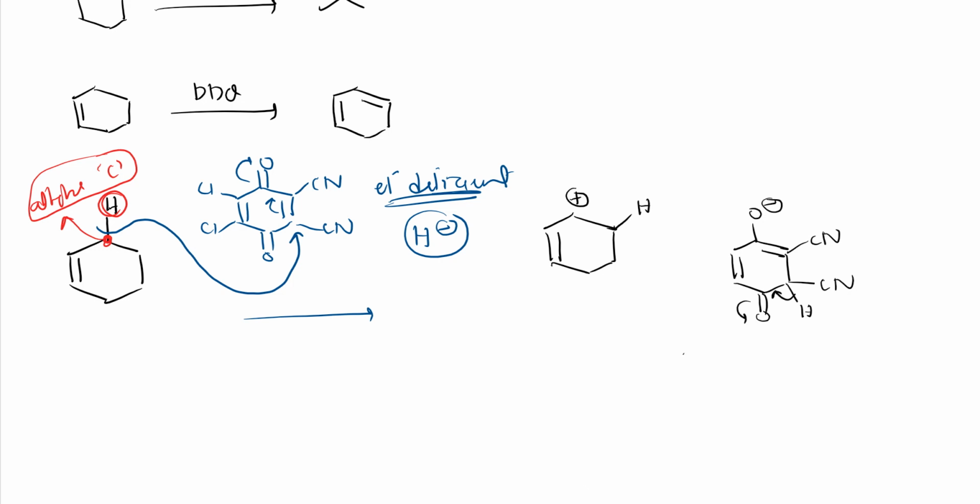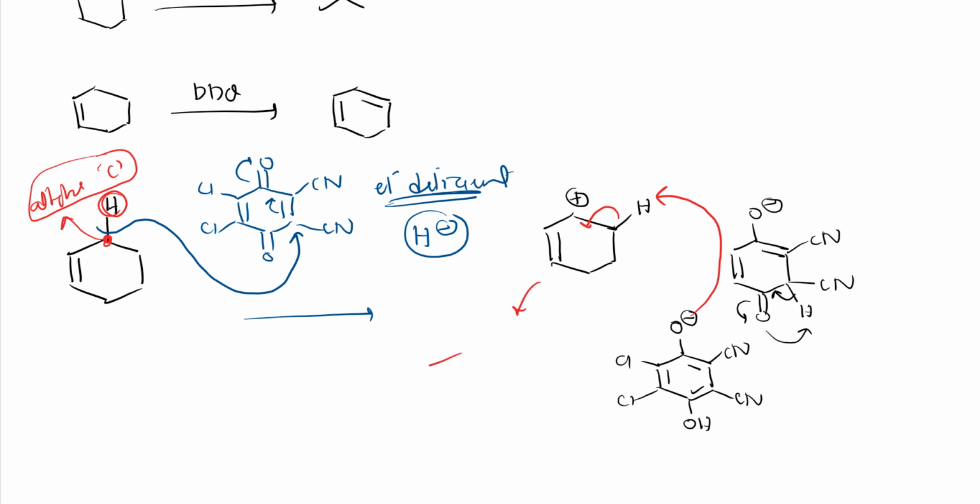In this way, the oxygen negative charge takes this proton, and I'll get this product, OH here, CN, Cl. Here I got this aromatic compound, and now oxygen has a negative charge. Further, the oxygen having the negative charge takes this proton and this bond will shift here, so it becomes neutral. So I'll get this product here.